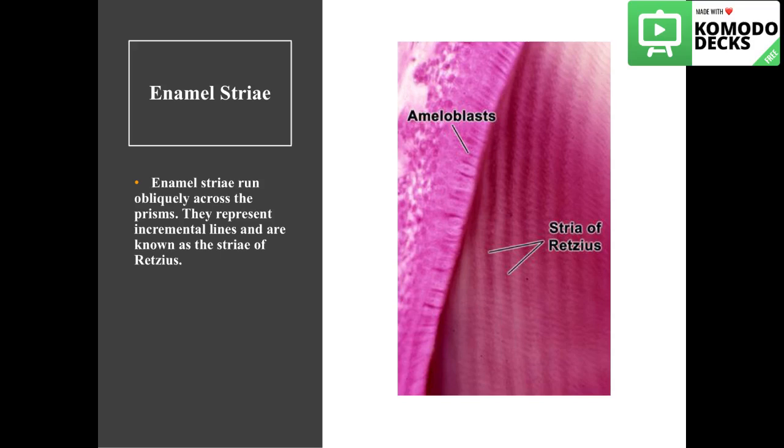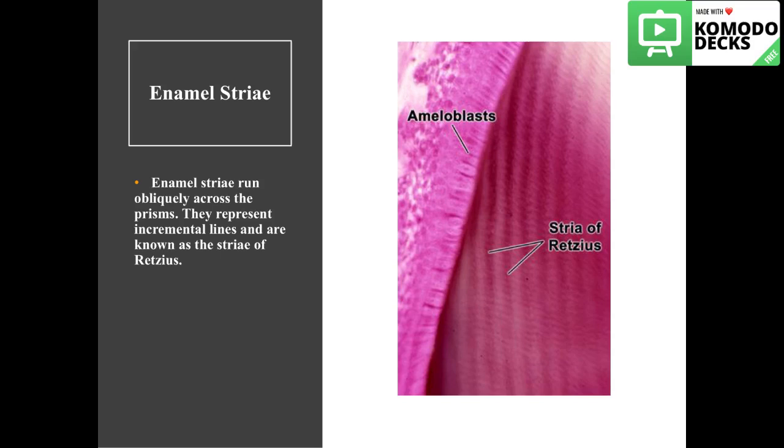The enamel striae, or striae of Retzius, run obliquely across the prisms, as you can see here. They represent incremental lines that approximately represent a weekly or 10-day period of activity.